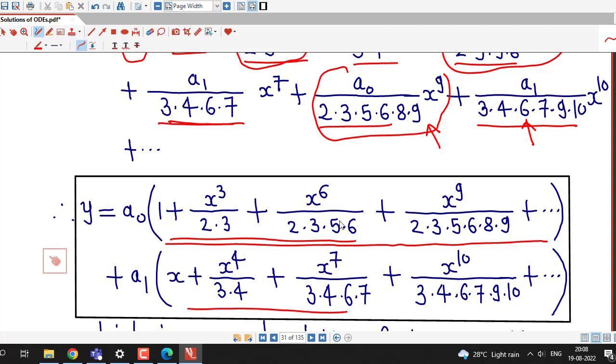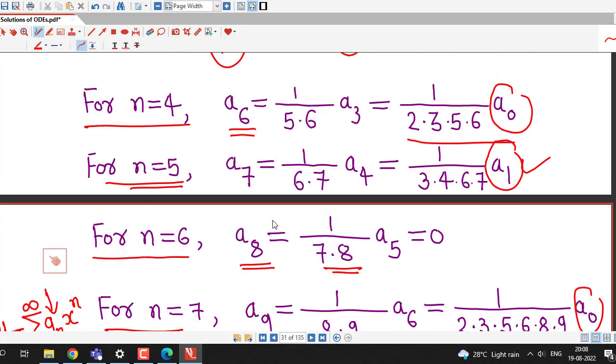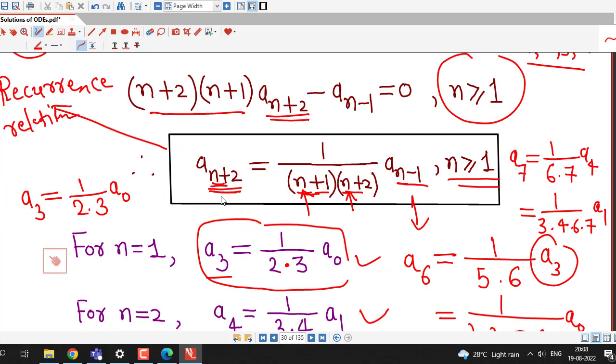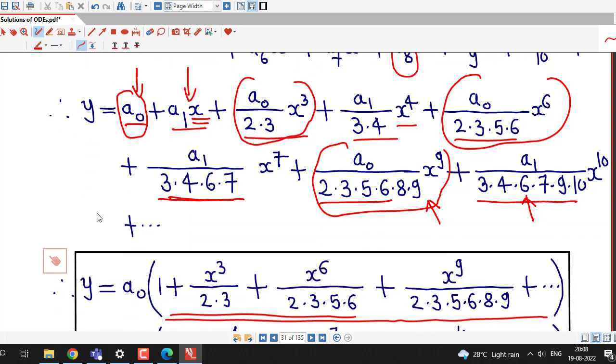I have written up to first 4 non-zero terms, but it is advisable that you should write at least first 3 non-zero terms for each series, and for that you should try to find out these for particular values of n from the recurrence relation. You should try to obtain values of an so that you can write your power series solution in this form.